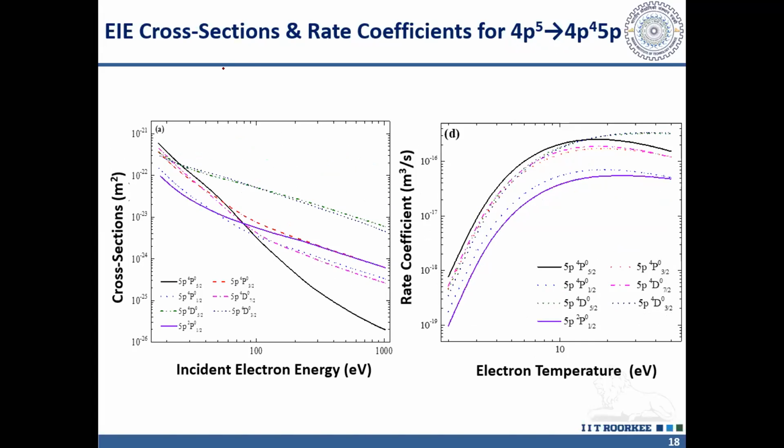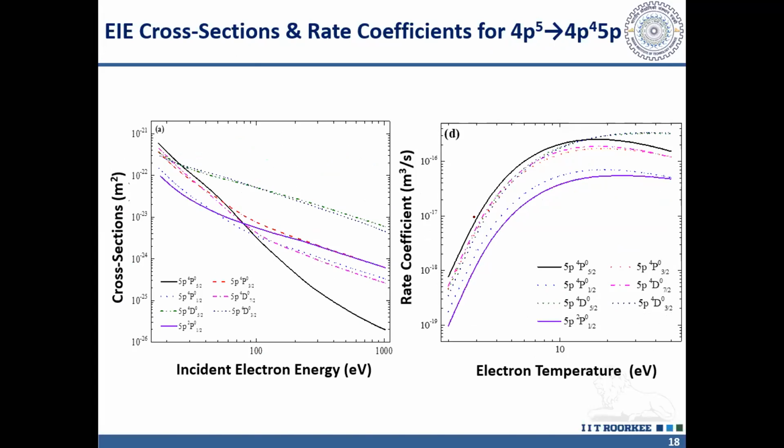Here, these are the results for the transition from 4p5 to the 4p4 5p excited state. Here, one can see the magnitude of the cross section curves falls rapidly as the incident electron energy increases.